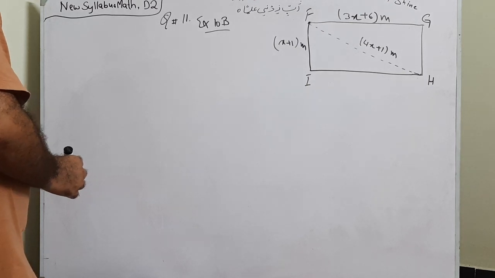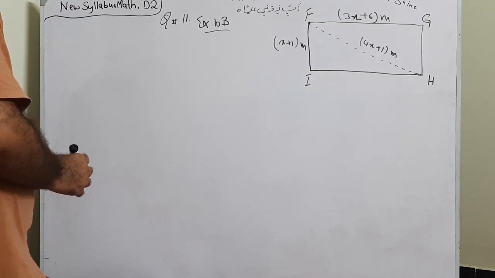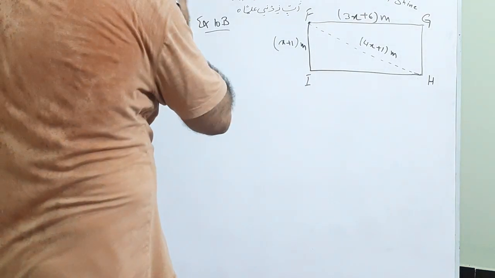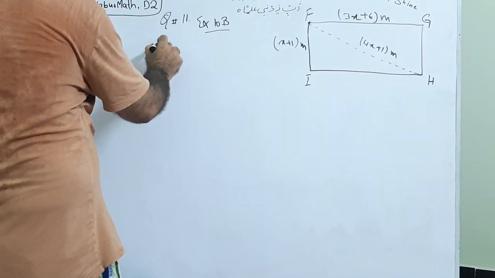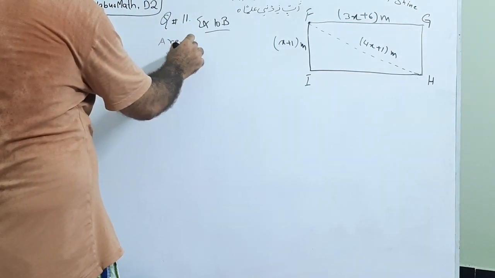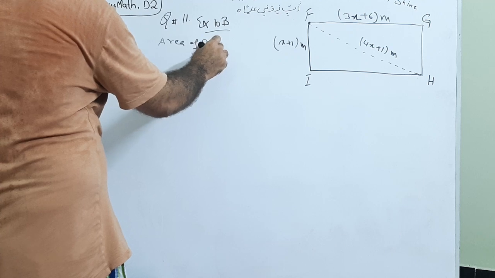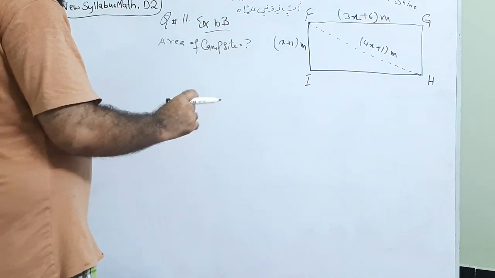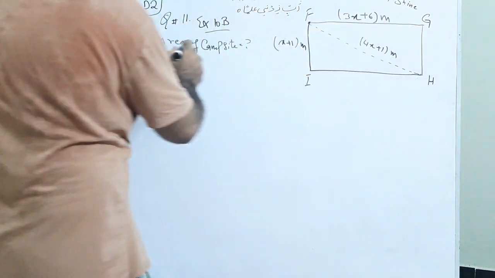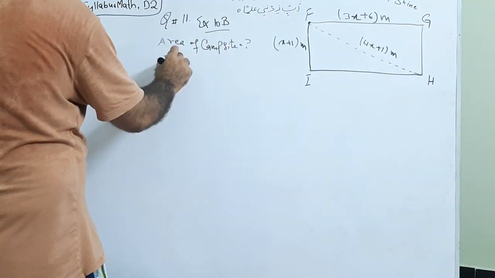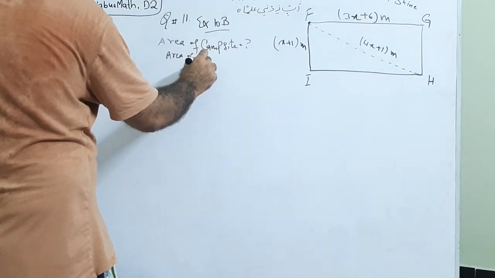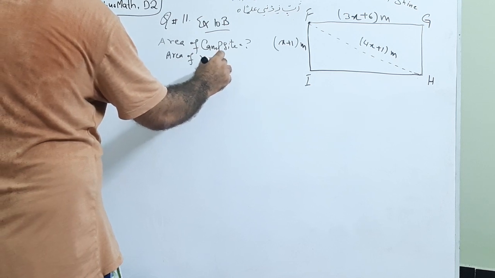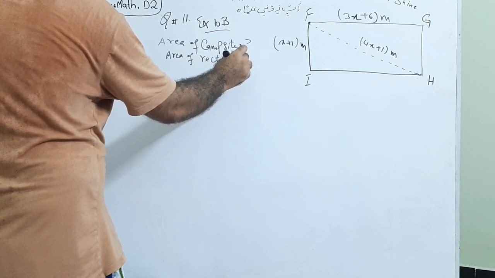So now we need to find the area of the campsite. Area of the campsite means we need to find the area of the rectangle.